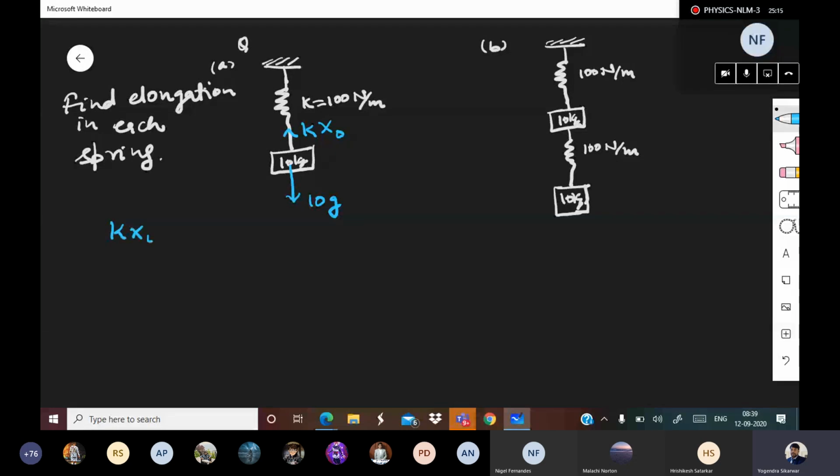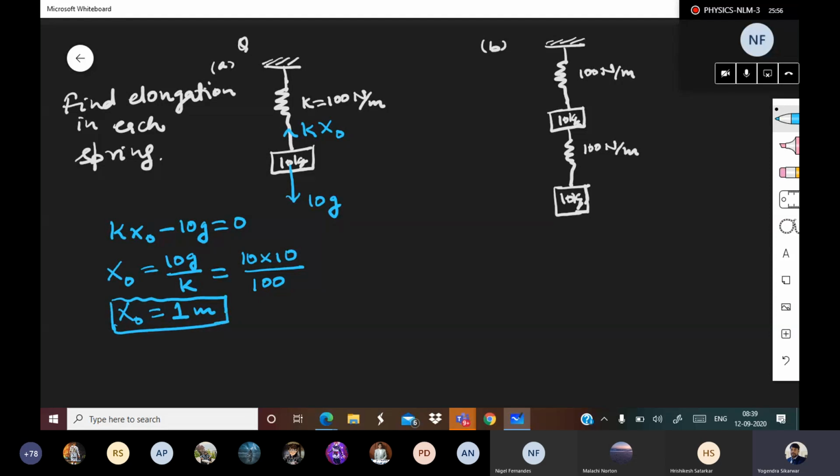So Kx naught minus mg is equal to 0, and that gives us x naught is equal to mg upon K. m is 10, g is 10, so that is 100 upon K, K is 100. So x naught is equal to 1 meter.